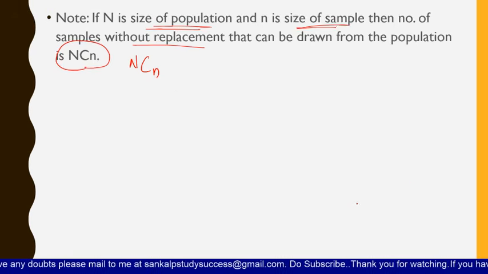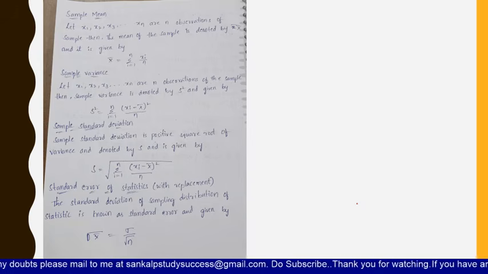So let us see what are sample mean, sample variance and sample standard deviation. What is sample mean? Here x1, x2 and so on up to xn are the n observations of a sample. There is a sample and for that sample you have some n observations. Then the mean of the sample is denoted by x bar.